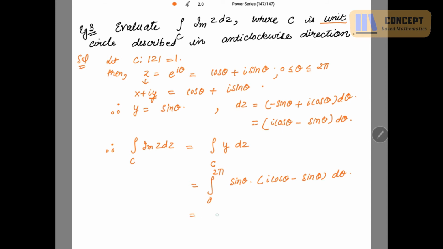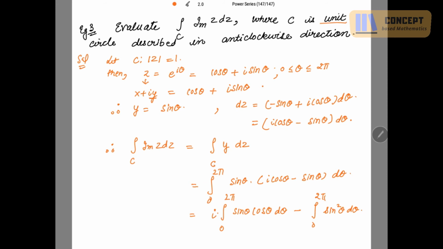So this is equal to sin θ times (i cos θ − sin θ). So I am separating this integral. This is i times the integral of sin θ cos θ dθ minus the integral from 0 to 2π of sin² θ dθ.